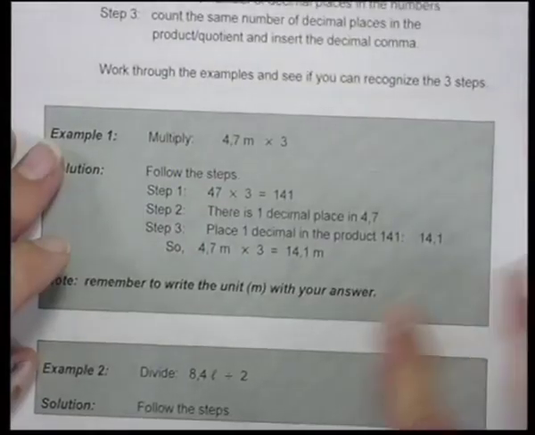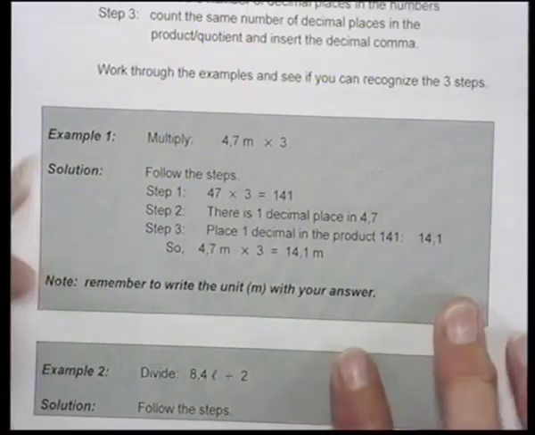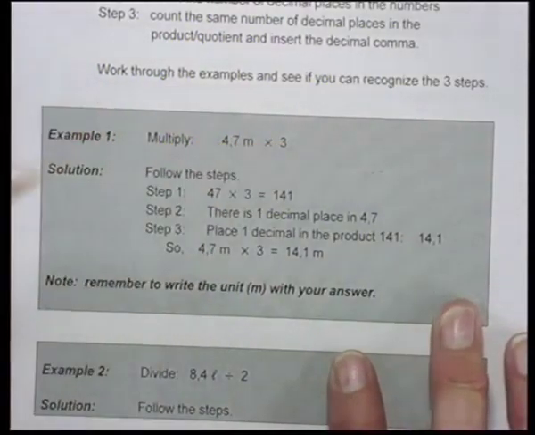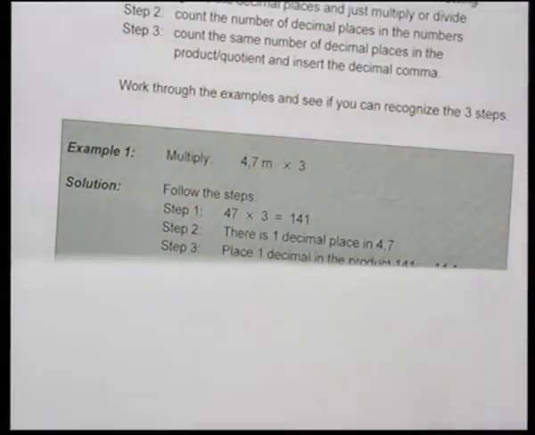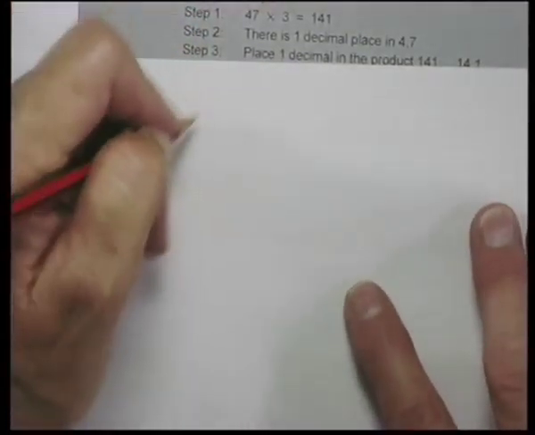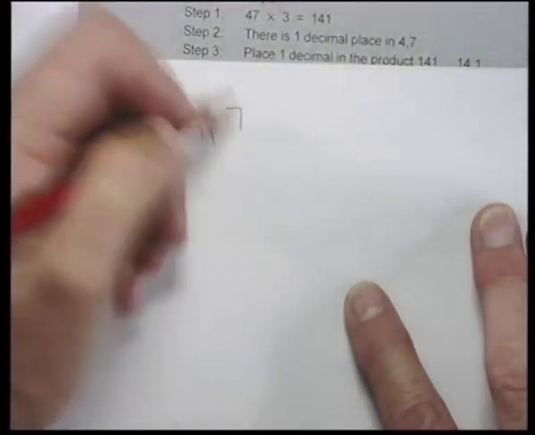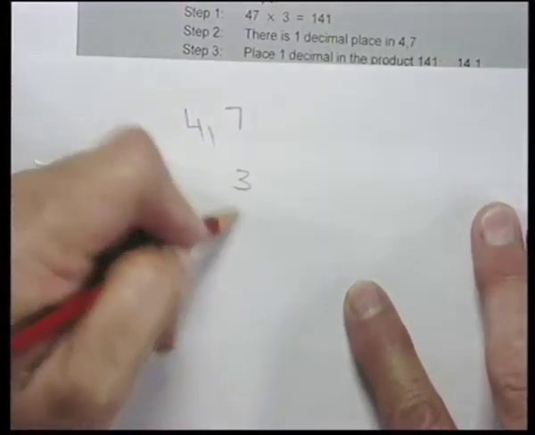And then to multiply with one number, that is quite easy. 4,7 meters multiplied by 3. So we can say 4,7 multiplied by 3.